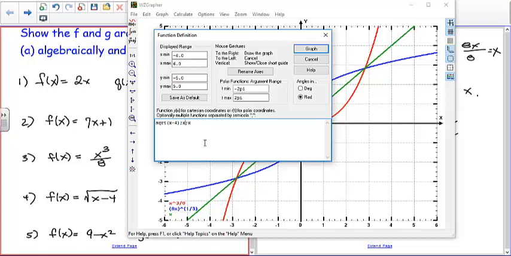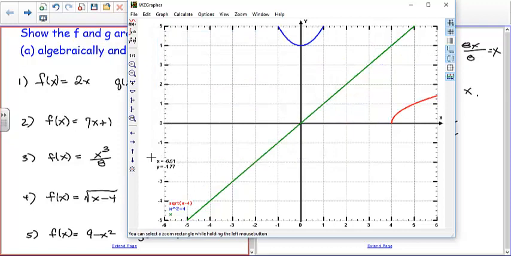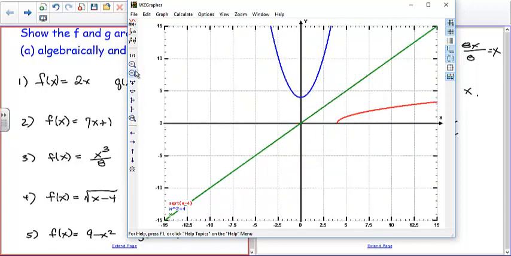Graph those. And let's zoom out a little bit here. So this part we ignore. We're just going to take positive x, and you can see how this is symmetric with that across that.